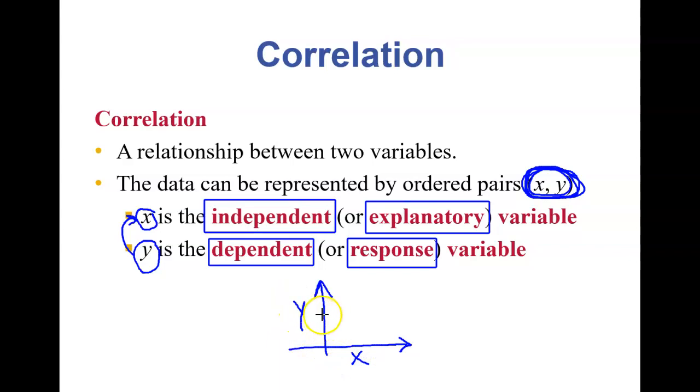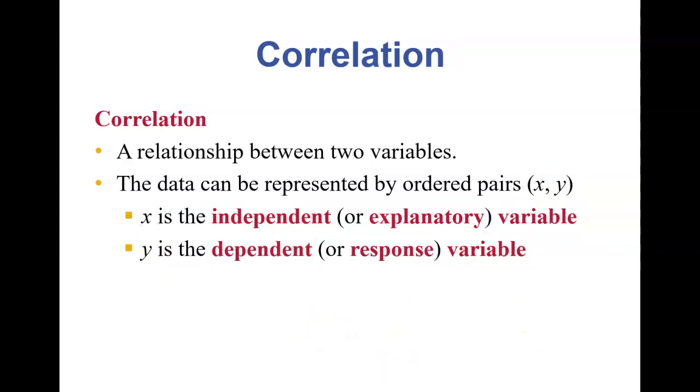So you're trying to see how y depends on x. Is it increasing if it's going up, is it decreasing if it's going down, or is it constant? We will look into various cases. So keep in mind, x is your independent, y is your dependent.